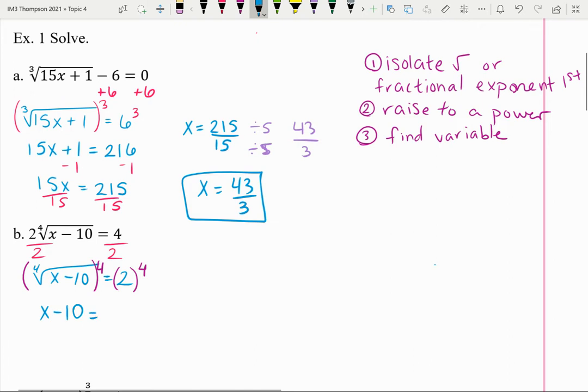I'm left with x minus 10 is equal to 2 to the 4th. Two to the 4th is a nice 16. 2 times 2 times 2 times 2. And then finish solving.